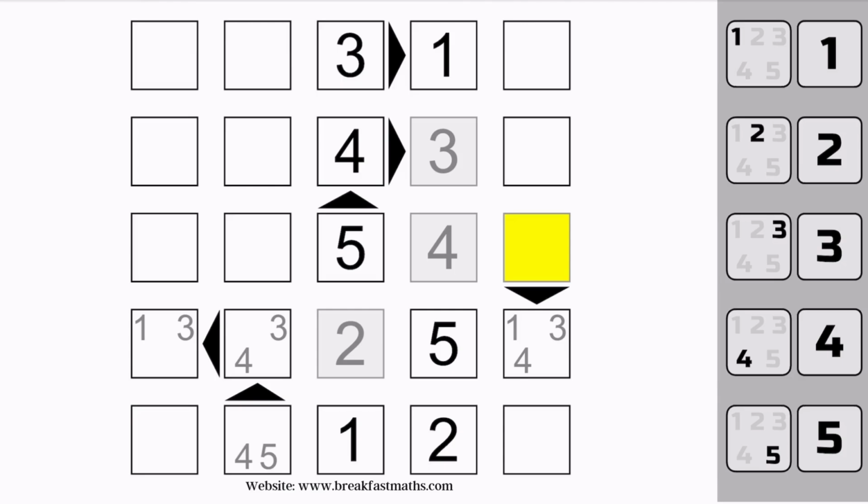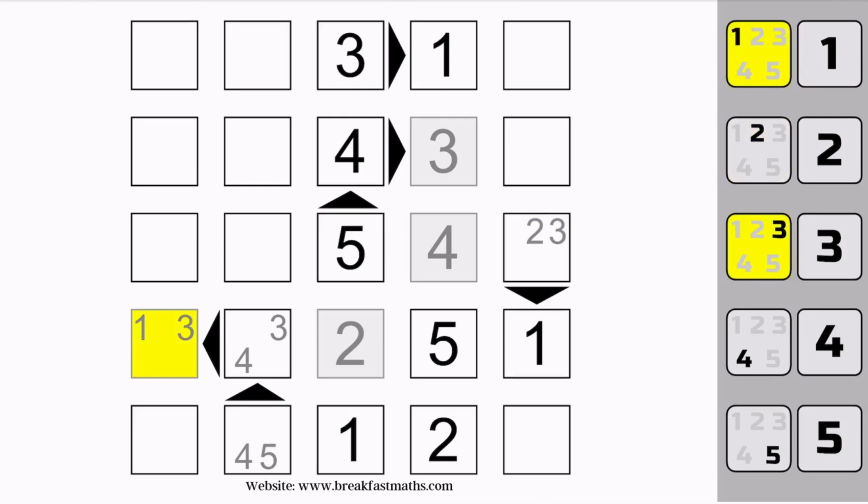So if this number was a 4, this would have to be the 5, but it can't be. If this was a 3, this would have to be a 4 or 5, but it can't be either of those two things. So it can't actually be the 3 or the 4. So this leaves us with only the number 1 here, and a 2 or a 3 above it.